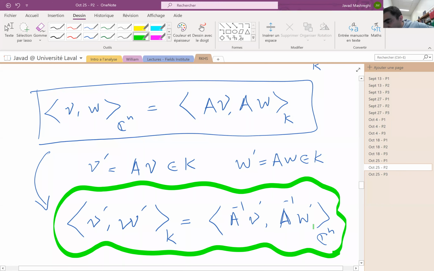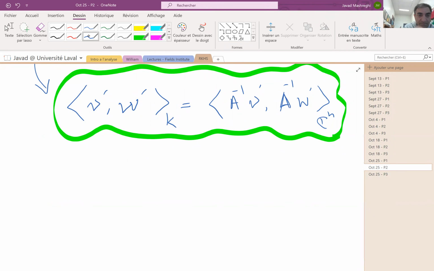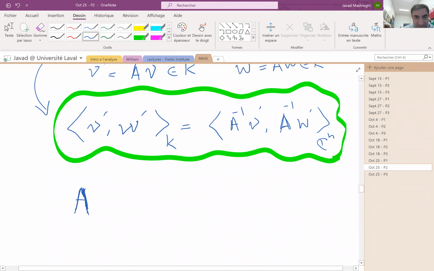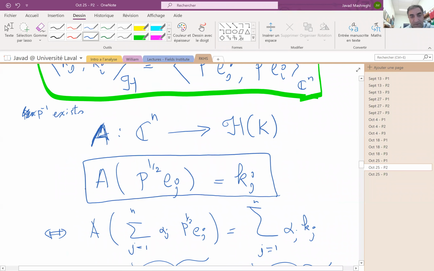And we claim that A was P^(1/2). I didn't mention this, but it's very easy in this case to see what A is. Recall the definition of A, by this formula: A applied to P^(1/2) e_j is equal to K_j.